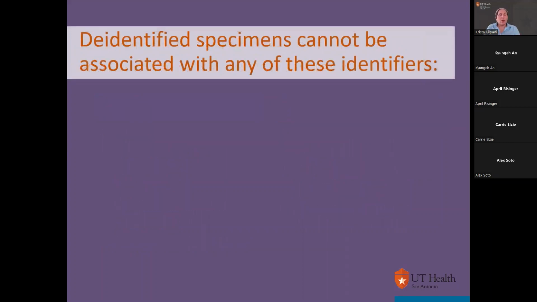Now let's talk a little bit more about de-identified specimens, since we talked about that in the last slide. So what exactly determines whether or not your specimens are de-identified? Well, the federal regulations actually have a list of things that you need to remove from your samples if you're going to consider them de-identified.